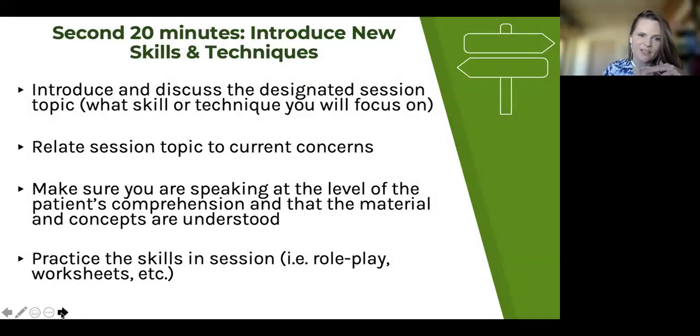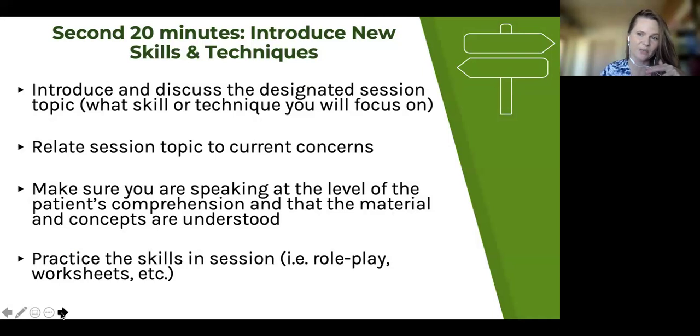In the second part, you're going to introduce whatever the new intervention for that day is or the topic. You're going to do your best to interpolate it with their current concerns so that it doesn't feel quite so impersonal. You're going to try to weave it in with what's going on with them and what their goals are. And with CBT, even more than most other approaches, it's really, really important that you are ensuring comprehension on the patient's part.